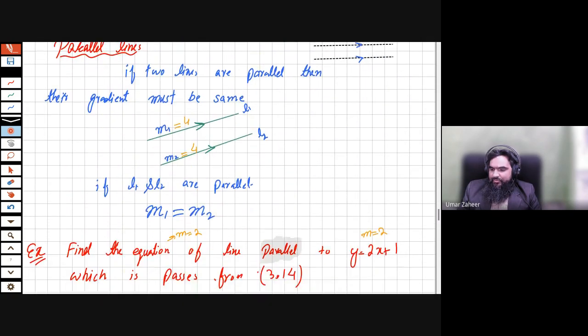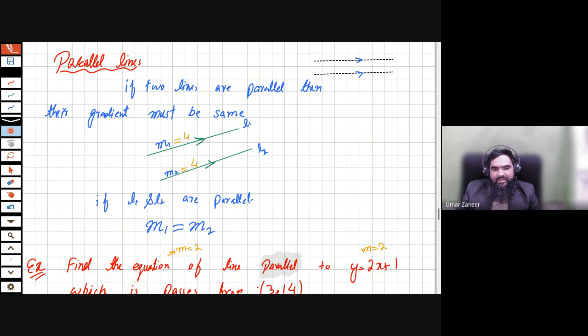After that, we have done the two main cases. If you have two lines and they are parallel, always remember that they have the same gradient. For example, the lines L1 and L2 are parallel. If the gradient of the first line is 4, then the gradient of the second line will be 4 as well.